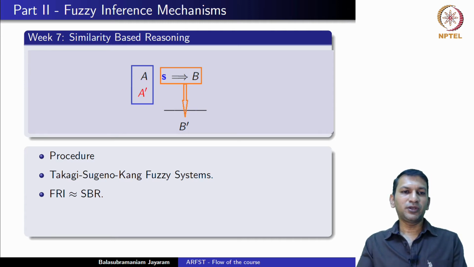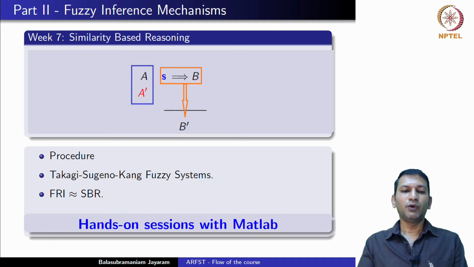But what is most important about this week 7, which happens to fall bang in the middle of the course, is that we will also have hands-on sessions with MATLAB, wherein we use the fuzzy logic toolbox in MATLAB to build fuzzy inference systems, especially TSK and Mamdani fuzzy inference systems, which will show you how to approximate a given function.